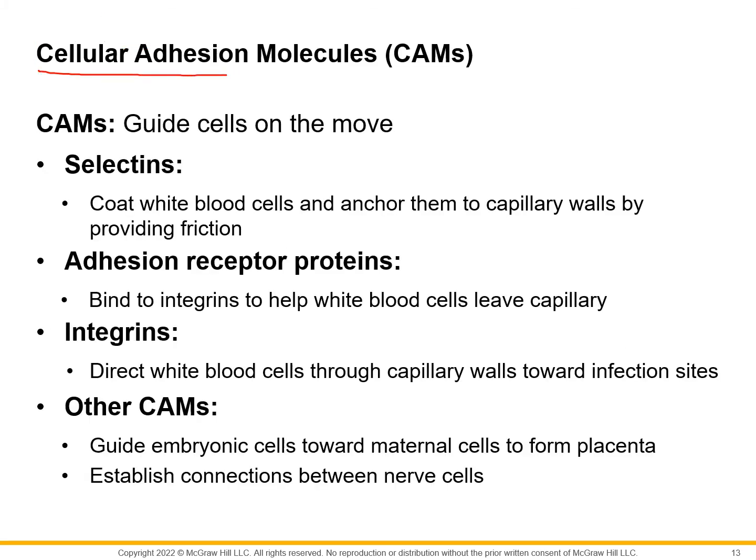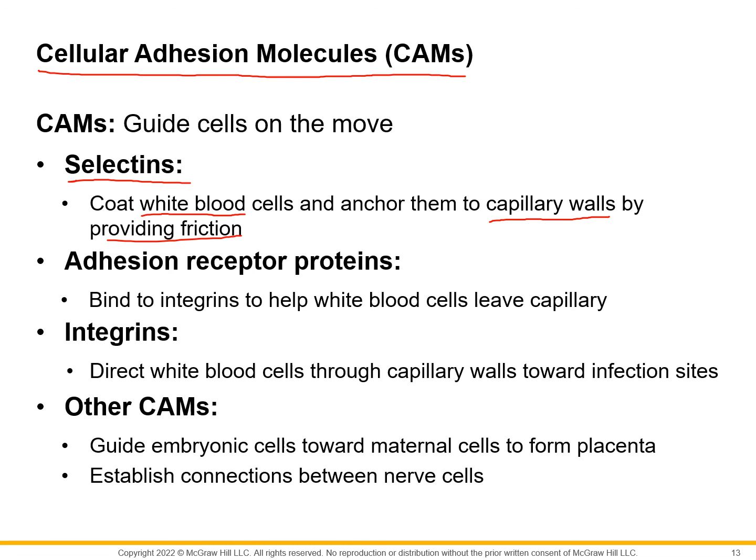So cellular adhesion molecules, this is the last thing we'll talk about with this. The cellular adhesion molecules are what help guide cells to where they need to go. On the surface of the cell, and here we'll talk about white blood cells, we have something called selectins. Selectins are on the white blood cell, and as they're moving through, there are little things on the capillary walls that these will bind to or rub against to provide friction to slow the motion of the white blood cell down.